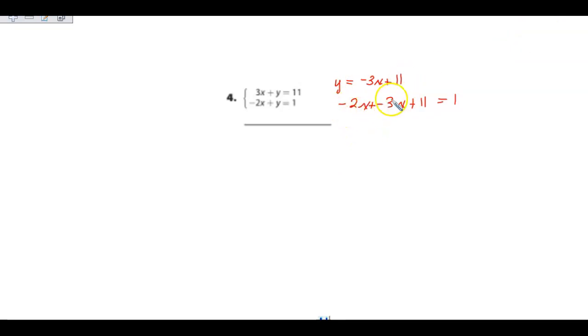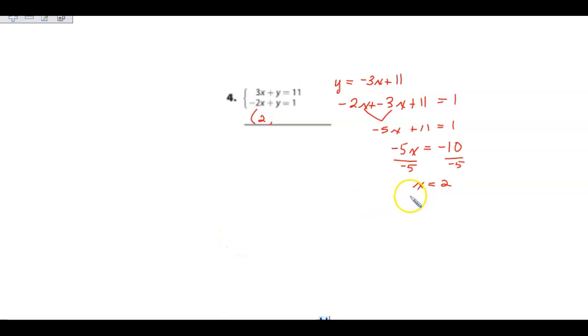So I have negative 3x and negative 2x. I'm going to combine those. It's going to give me negative 5x plus 11 equals 1. Subtract 11 from both sides. 1 minus 11 is negative 10. Divide by negative 5. x equals 2. So there's our first.